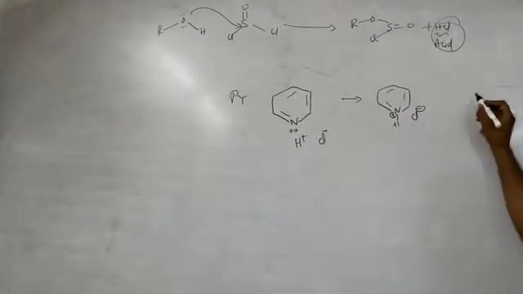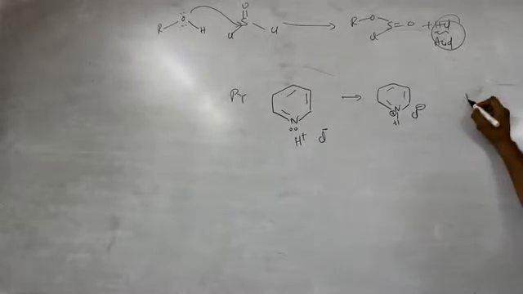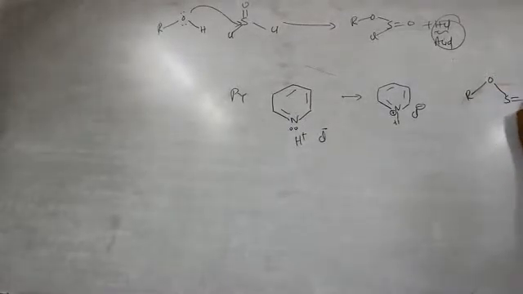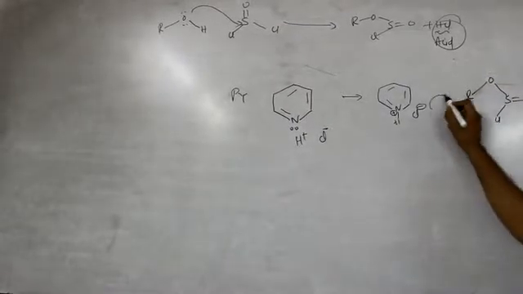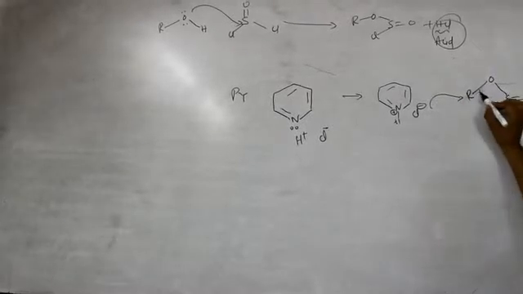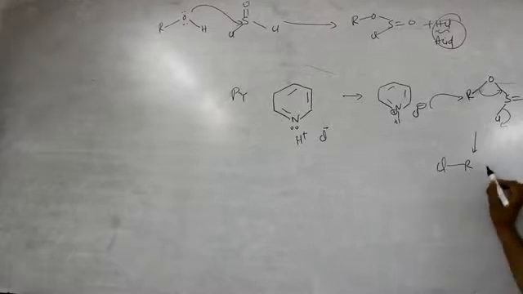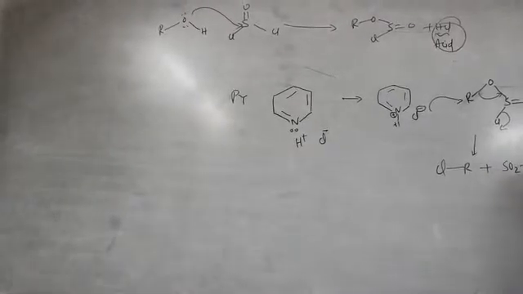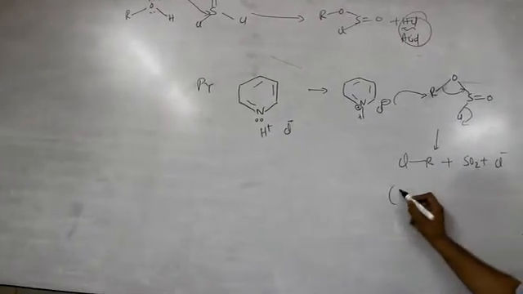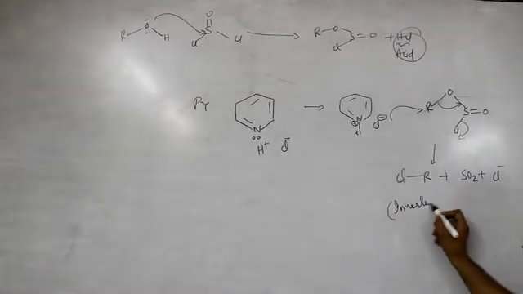This Cl minus attacks R from the backside. That's why we have the inverted product.